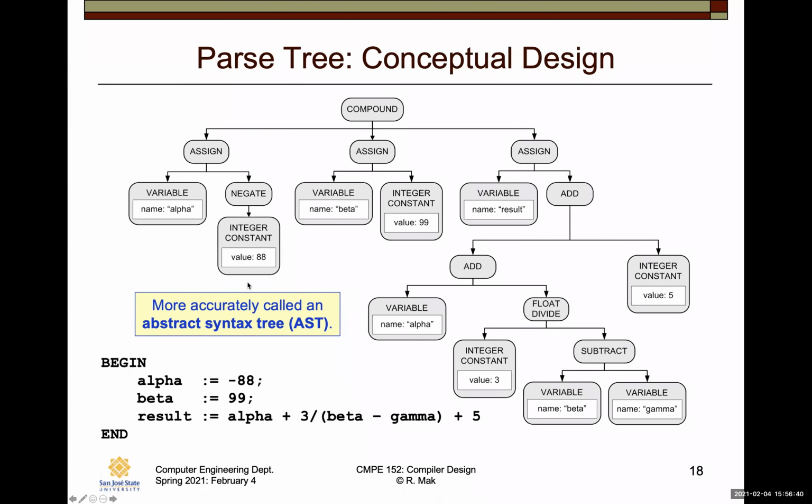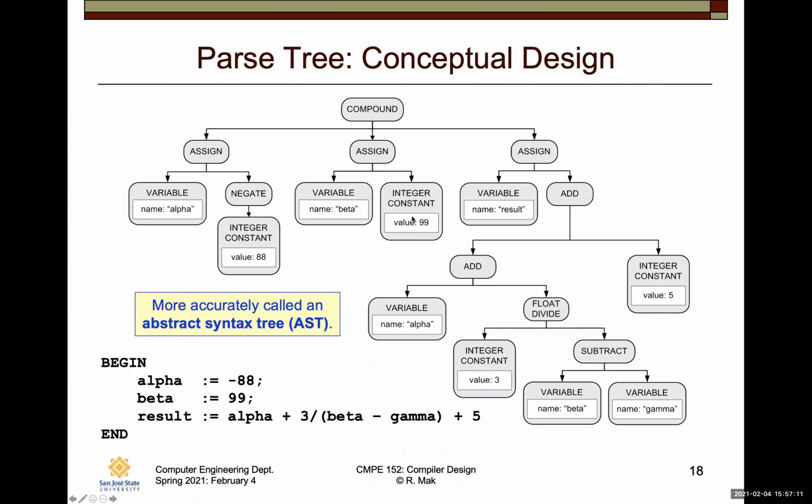You can see that the root of this parse tree is a compound node because it's a compound statement. And the compound statement is made up of 3 assignment statements. I've got these 3 nodes here labeled assign. And well, let's take a look at the second one. Beta gets the value 99. Well, then the first child of the assignment node is the variable beta, and the second child is the integer constant 99.